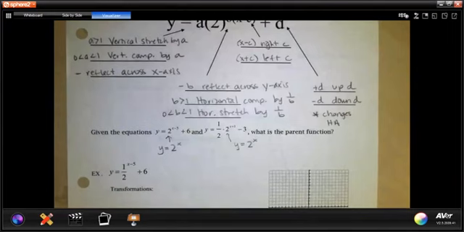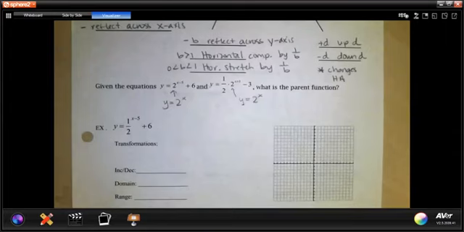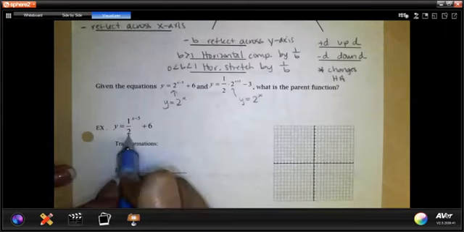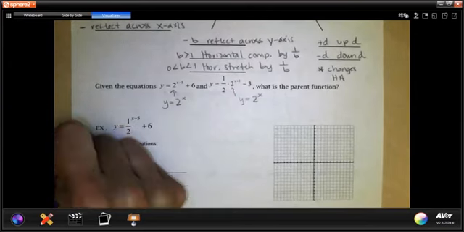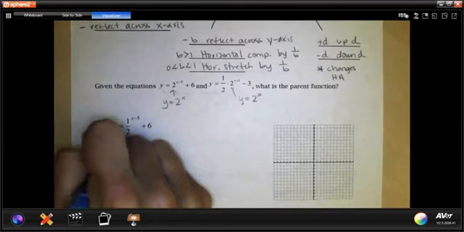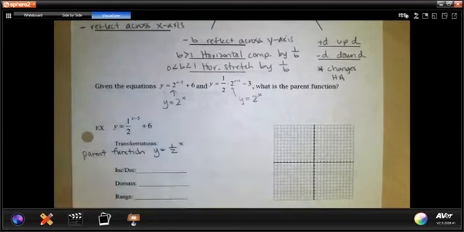All right, so we're going to look at some examples here, and we'll start with this first one. We've got y equals 1/2 to the x minus 5 plus 6. 1/2 is what's being raised to the power. So our parent function is y equals 1/2 to the x power.